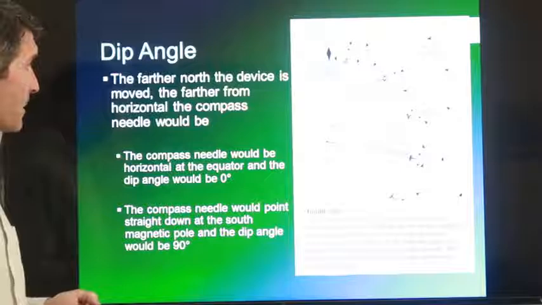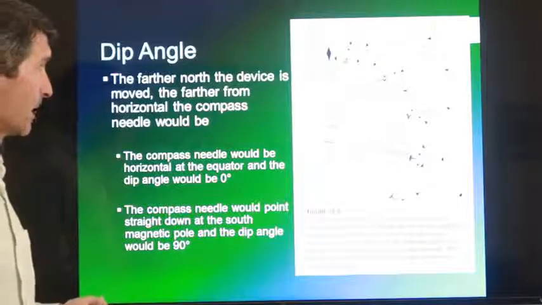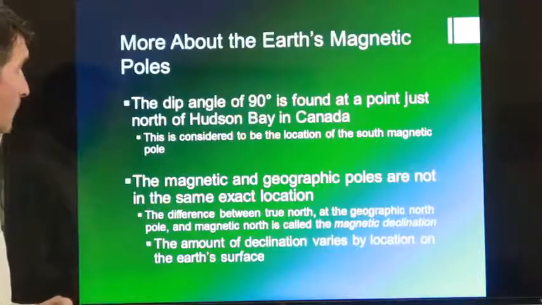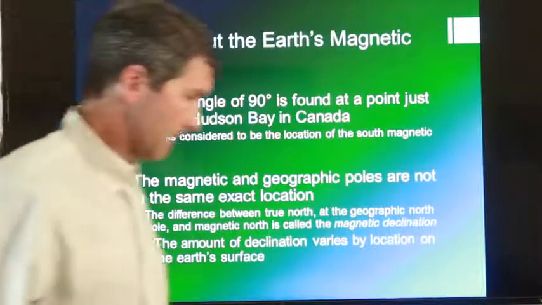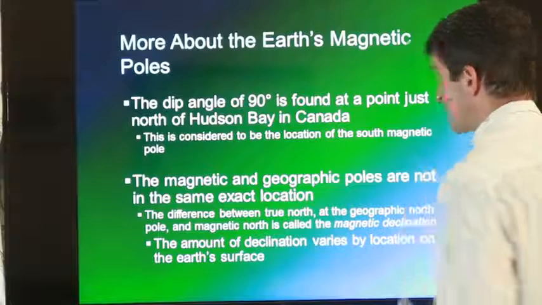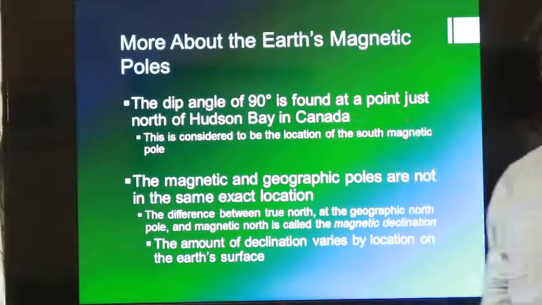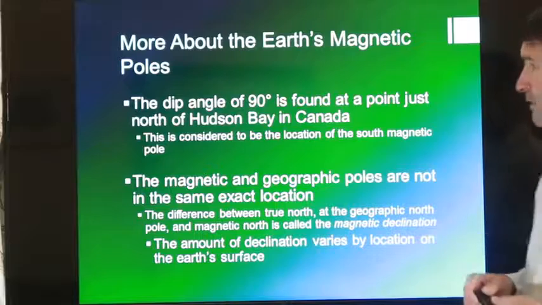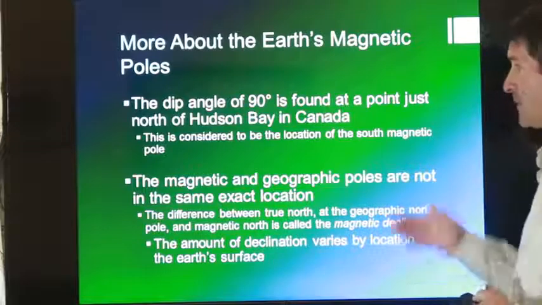And we call this the dip angle of the magnetic field. All right, so once again, the geomagnetic North Pole is somewhere just north of Hudson Bay. This is in Canada.